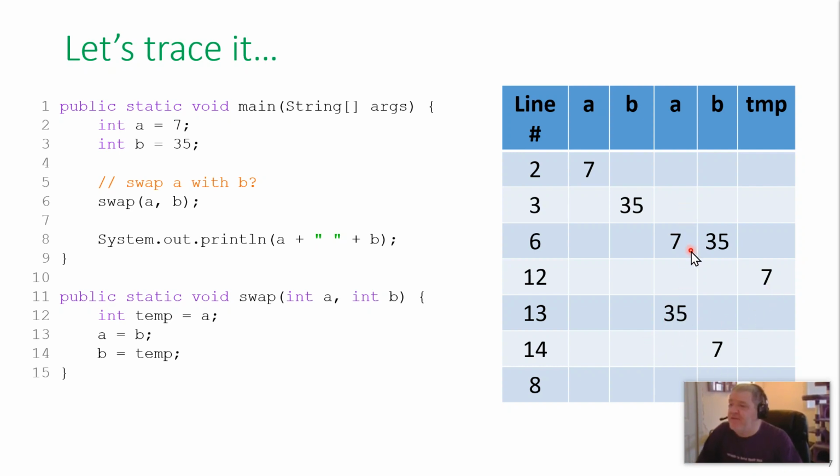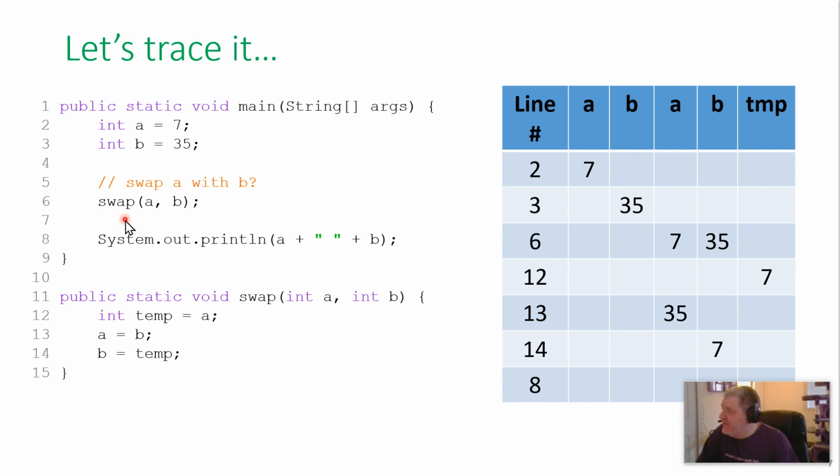The parameter A and B started with 7 and 35 respectively. By the time I reach line 15, the end of my method, I successfully permutated the values in parameters A and B. So 35 is in A, 7 is in B. Perfect. And then I return from my method call.